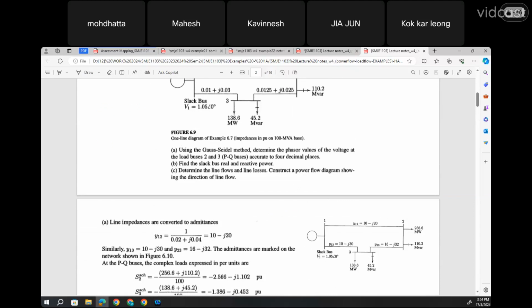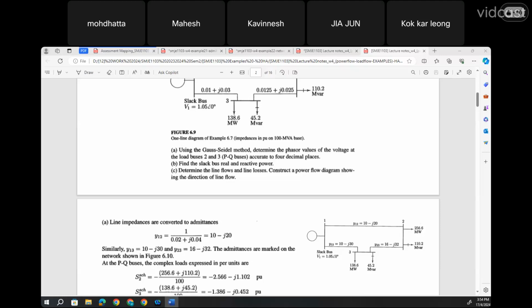maybe later on in your assignment you need to do the simulation. Okay. If you look at the assignment question, where's the assignment question? It's here. Okay.